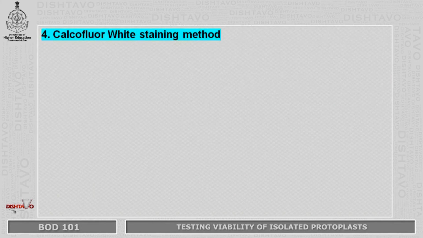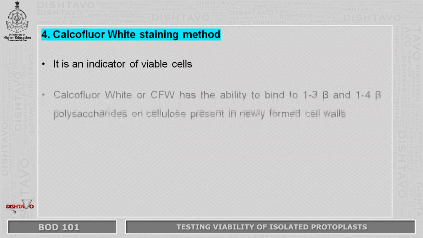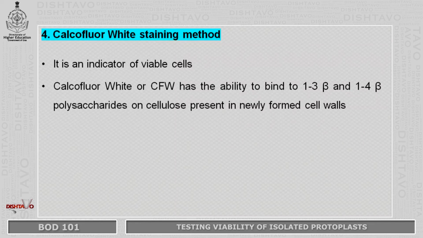Fourth method which is used for testing the viability of protoplast is calcofluor white staining method. It is an indicator of viable cells. Calcofluor white or CFW has the ability to bind to 1,3-beta and 1,4-beta polysaccharides on cellulose present in newly formed cell walls.